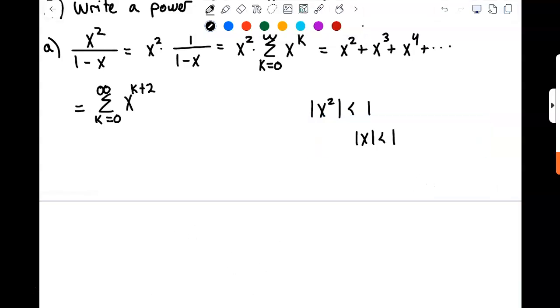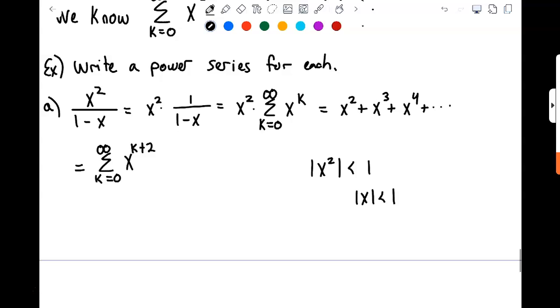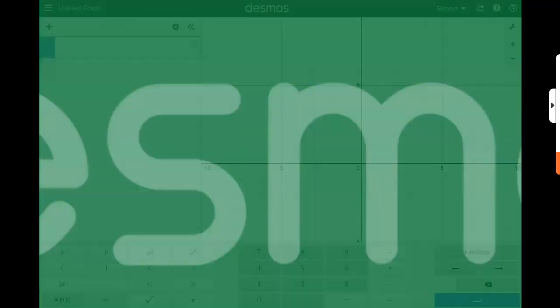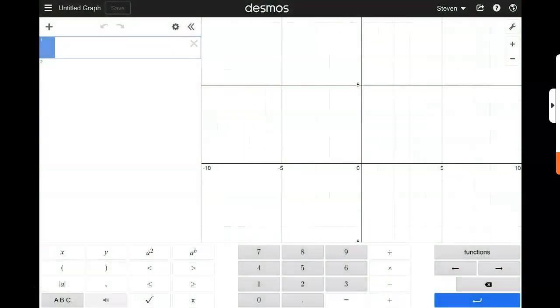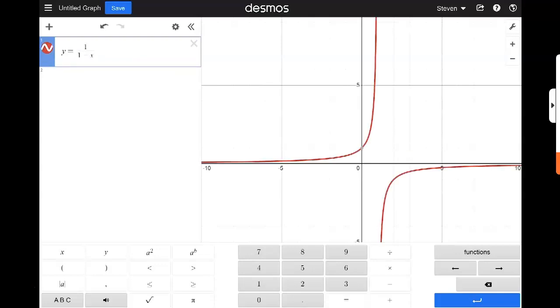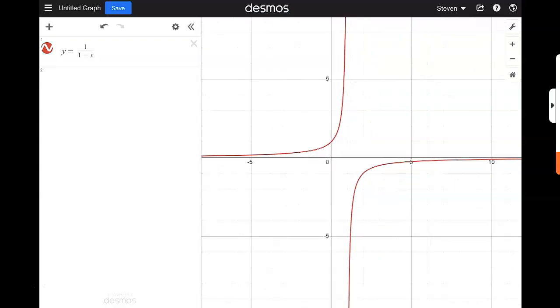I want to show you a neat feature here with our Desmos graphing device. We can actually define a series, sort of, because Desmos does offer the ability to do sums. So first, let's just look at the function 1 over 1 minus x. There it is.